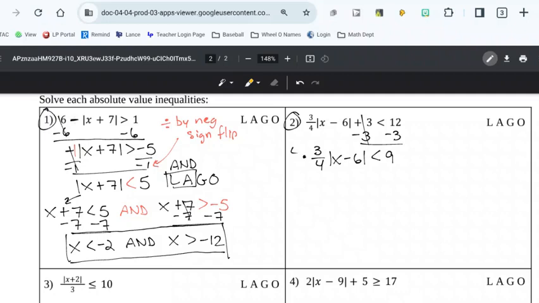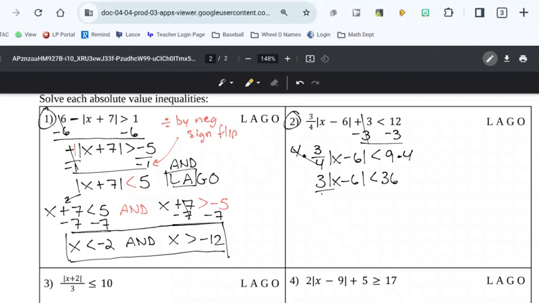We go ahead and multiply by 4 on both sides. We're left with 3 times the absolute value of x minus 6 is less than 36. Divide by 3. Absolute value of x minus 6 is less than 12.